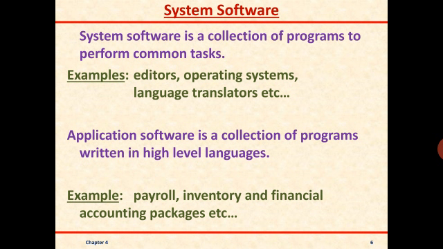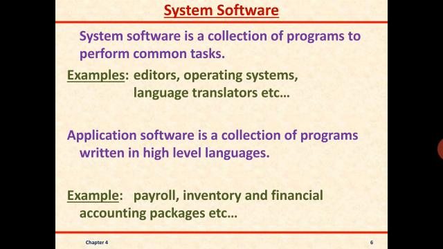System software is efficient at performing functions which are required by most of the users. And application software is also used by many users, related to accounting purposes. So these are just an introduction to the components of the computer system.